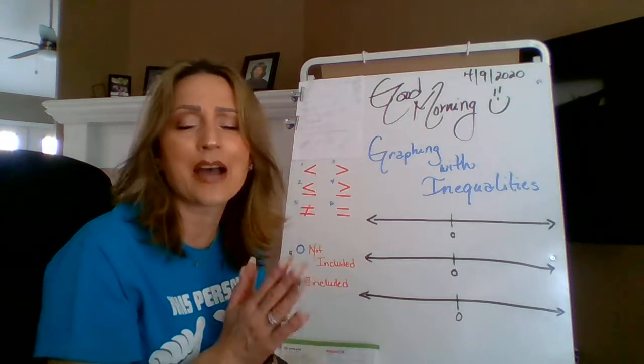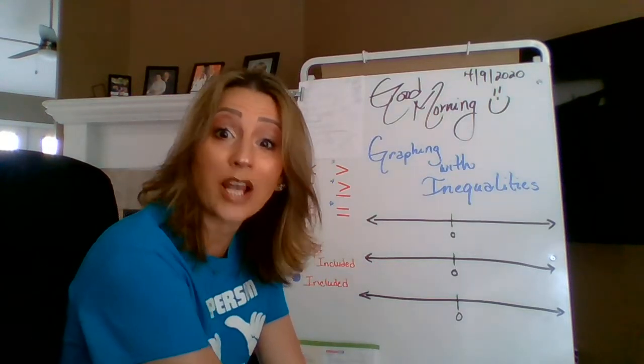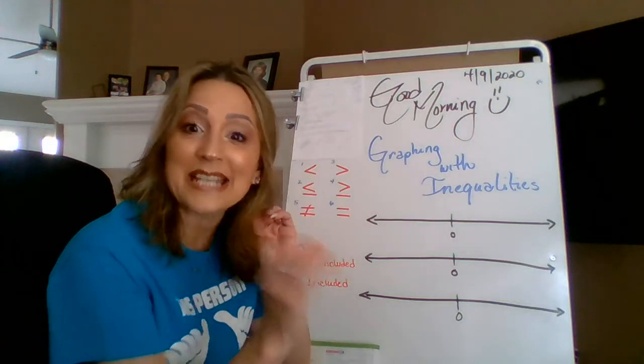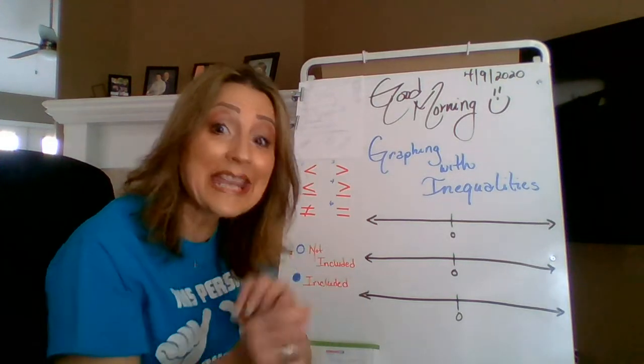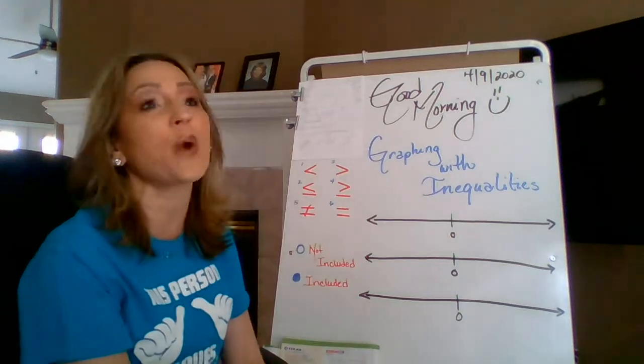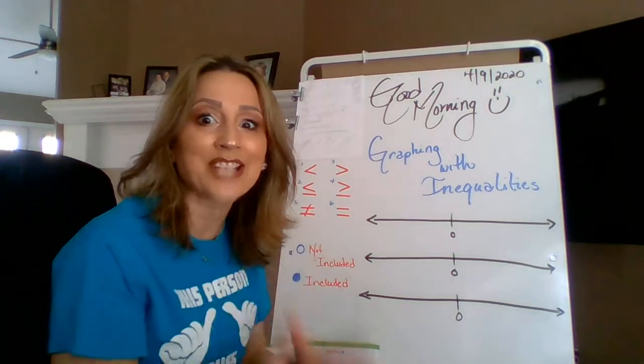Very easy for you to do, as we realize inequalities were a rather easy concept, probably easier than an equation, because in equations we know you have to have an exact answer.